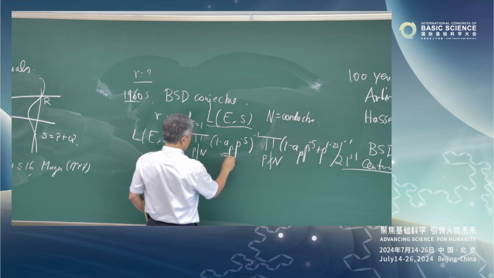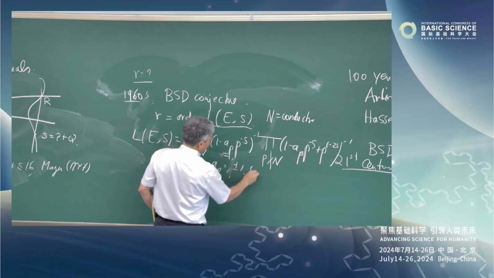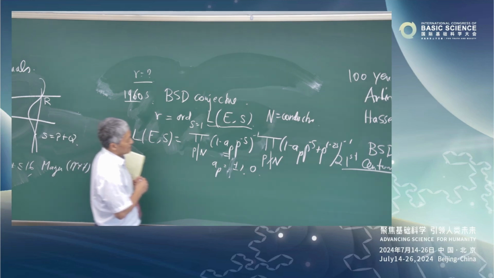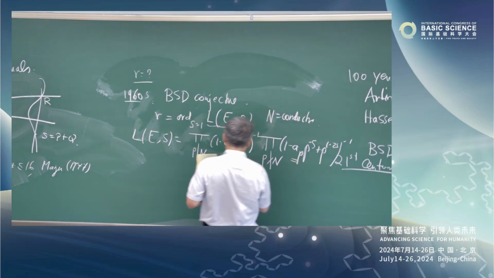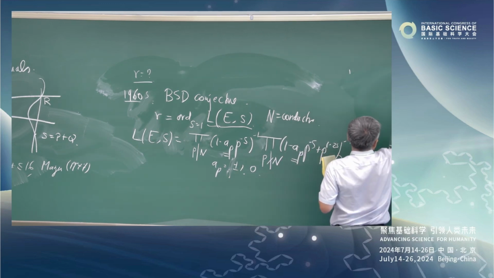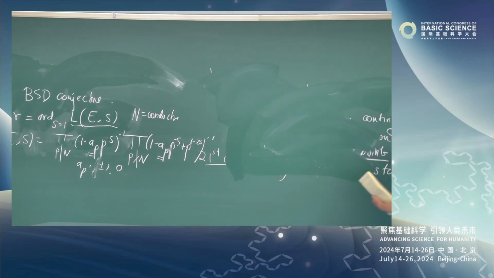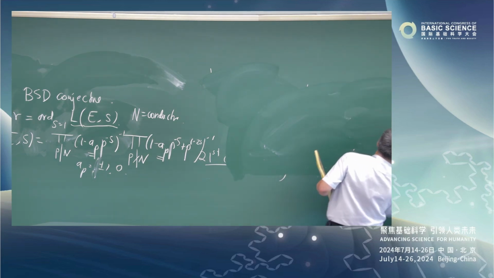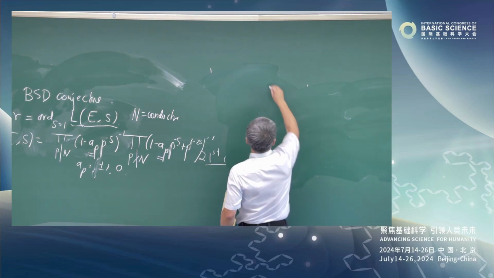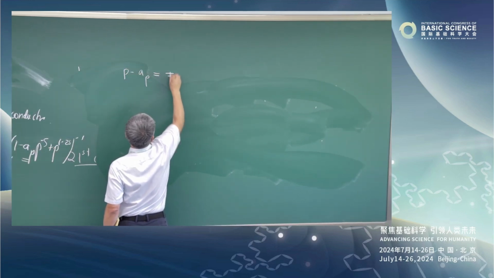So this a_p is plus or minus 1 or 0. So this a_p can be obtained by counting: p minus a_p is the number of solutions.